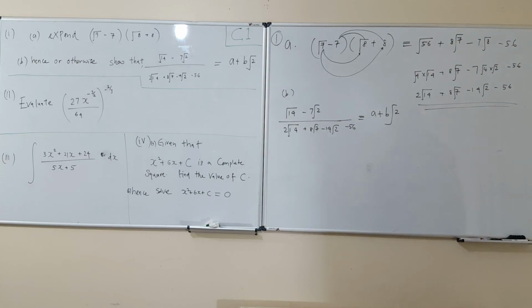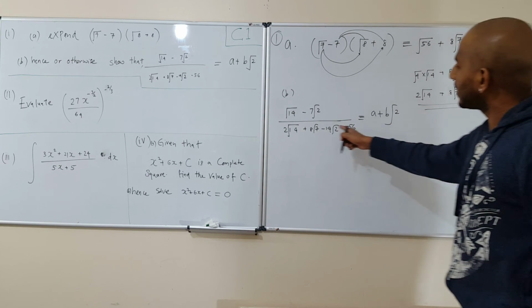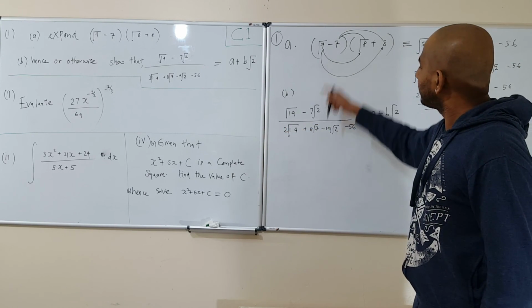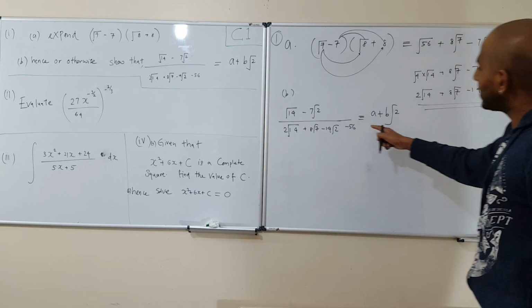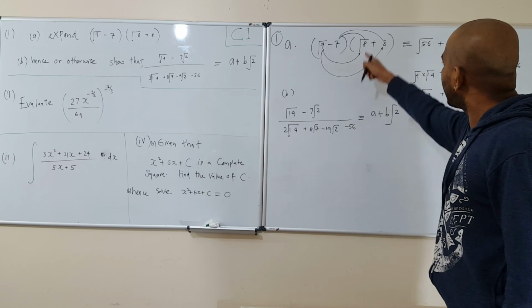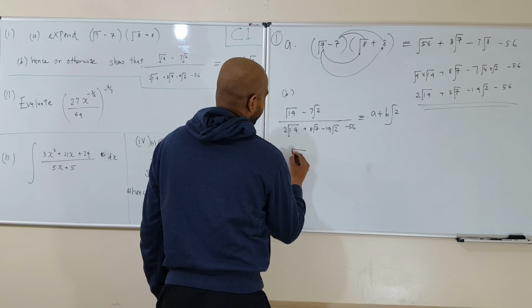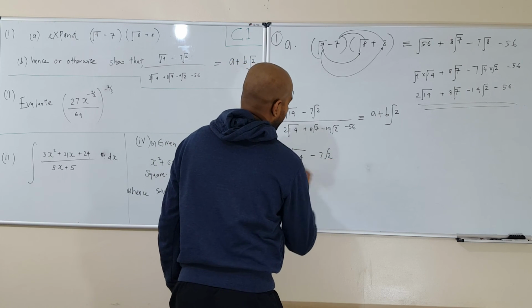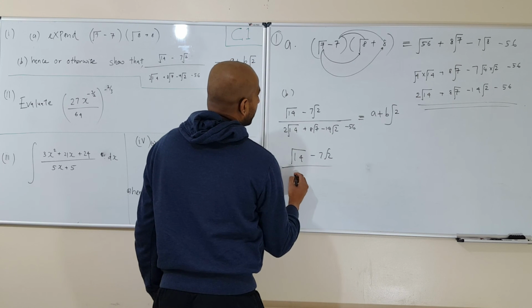So we can probably use the previous answer. We know this is basically equal to that, because we have simplified that and we have gotten that. So I can replace this with that and see what you're going to get. I hope you follow the logic here. I'm going to replace this with that because they're exactly the same.